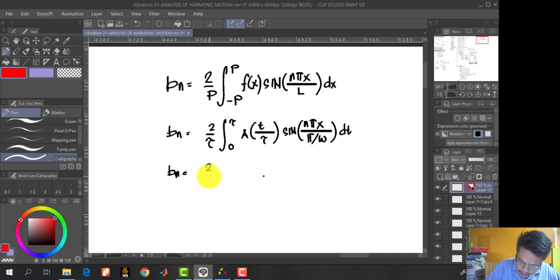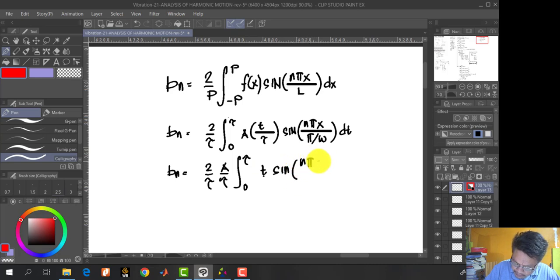So I can take that out. That will be your period. So this is a constant, so I can take it out directly. Then we have your period over your period, integrating the boundaries. Then we have your t, multiplied by the sine, and that will be pi.